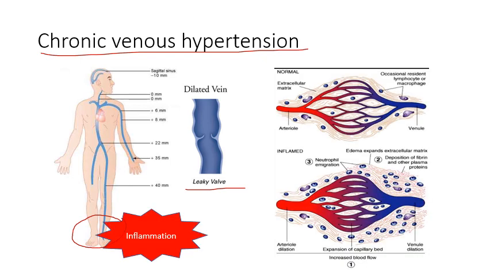This is due to a triggering of the immune system in the capillary bed as the pressure in the veins increases, causing an increased pressure in the capillaries, causing leaky capillaries. And this triggers the immune system surrounding the capillaries, and you have an inflammatory response, and this will cause wounds when it affects the skin.